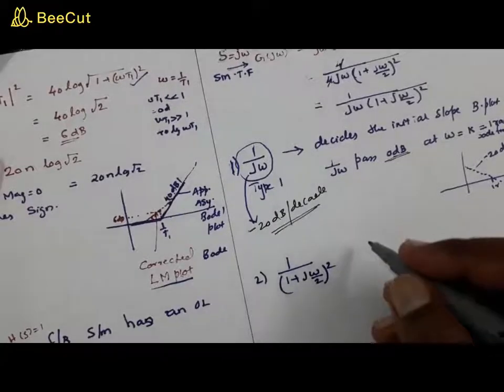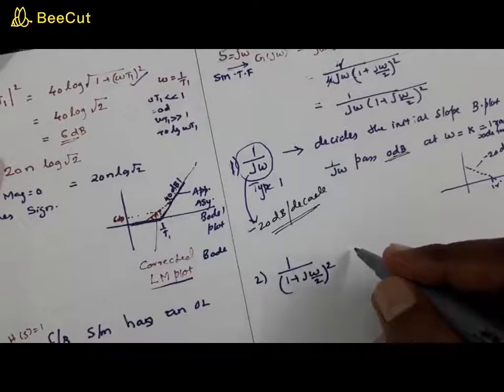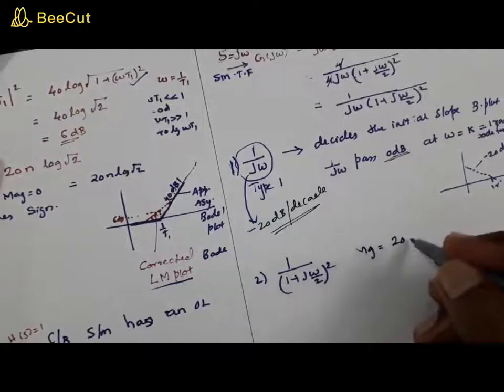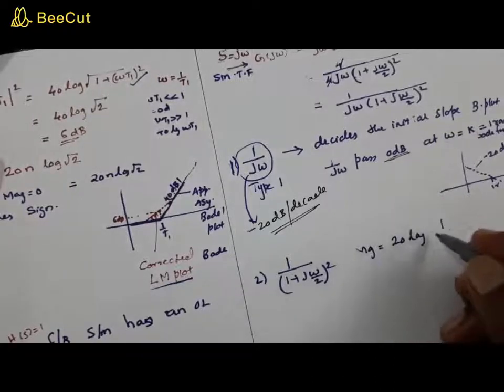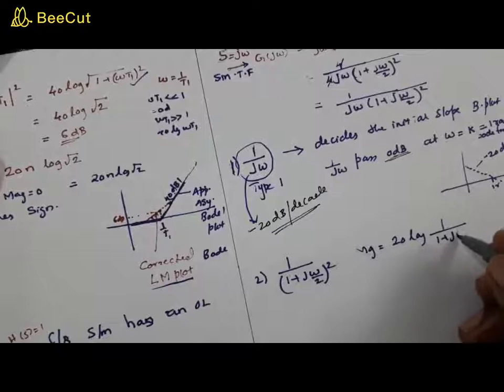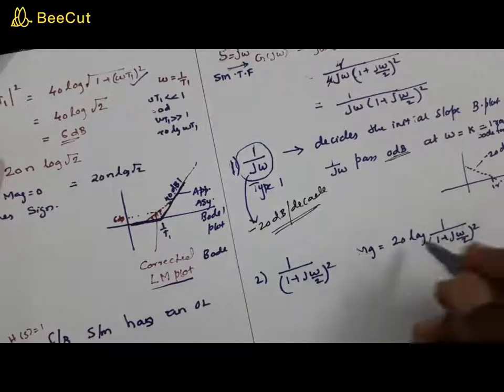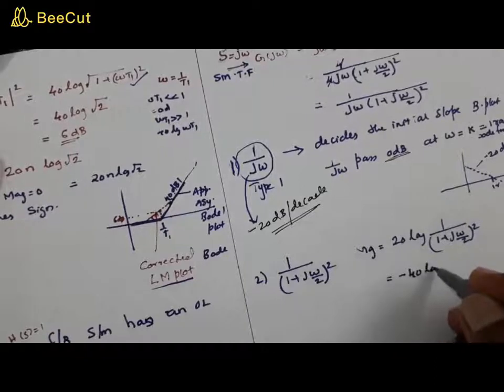Its magnitude, we know how to find out. The magnitude will be equal to 20 log of 1 by 1 plus j omega by 2 the whole square, right? So this you can bring to the numerator, and that is minus 2, so that this becomes minus 40 log of 1 plus j omega by 2.